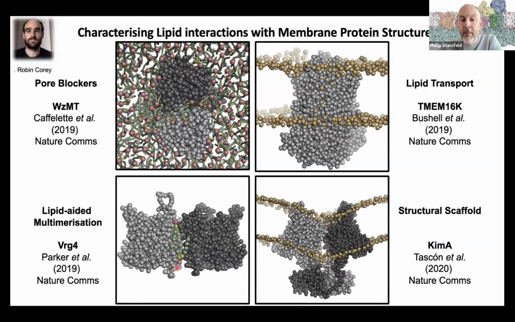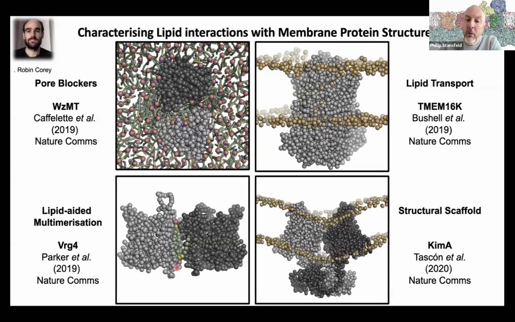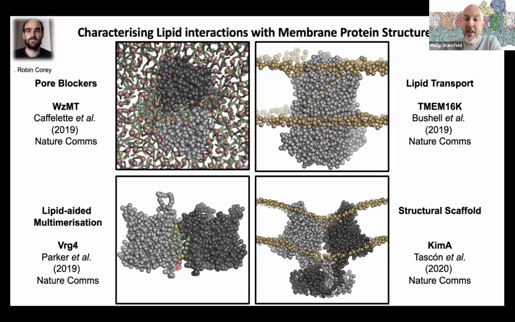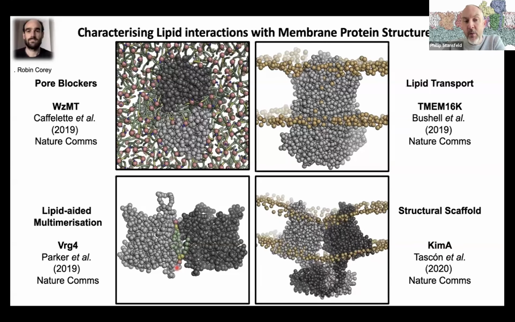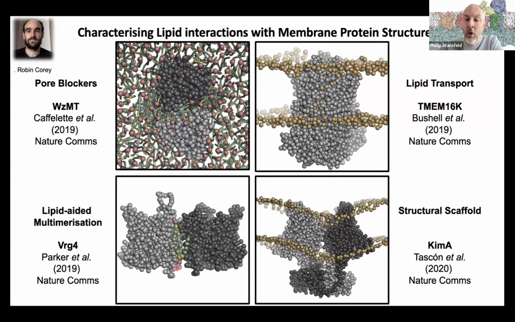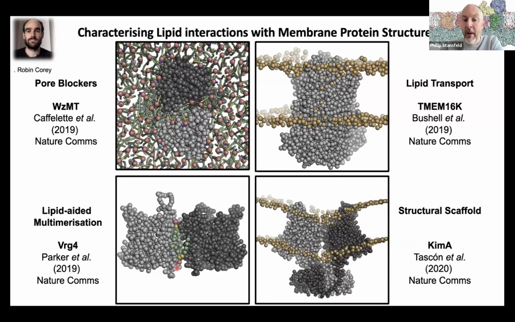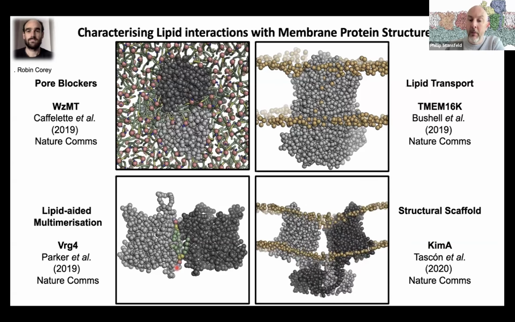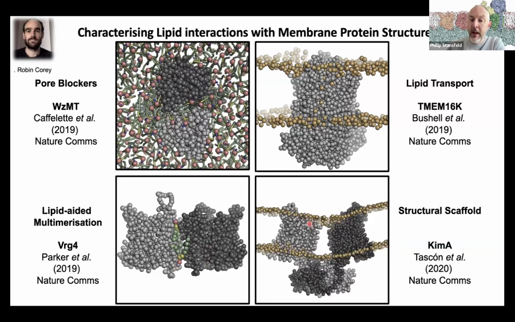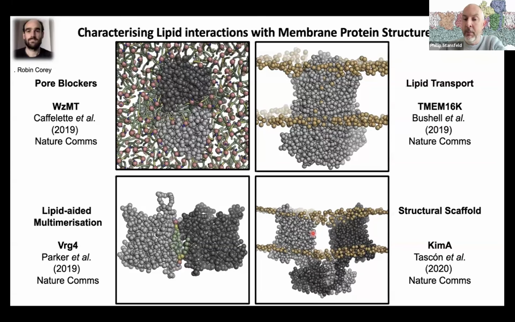And then one final example with Inga Henaut's group across at Frankfurt, we were able to simulate their Kim-A protein. Inga came to us ultimately saying that they weren't certain that the structure that they resolved was actually the correct conformation of their protein. And the feeling was that the two domains were a bit too close to one another, and hopefully you can see the V-like shape of the membrane previously observed within the simulation.